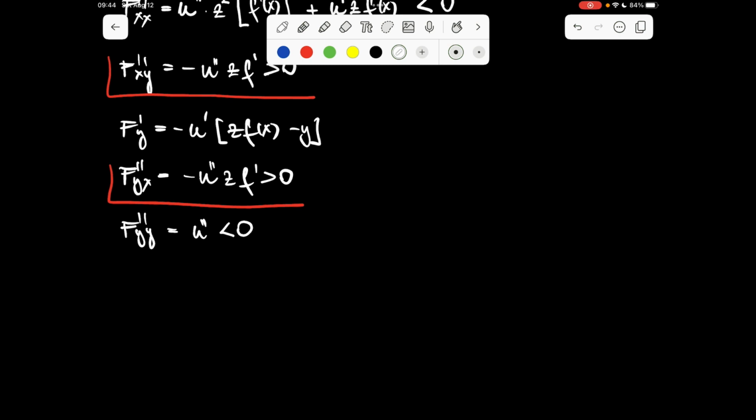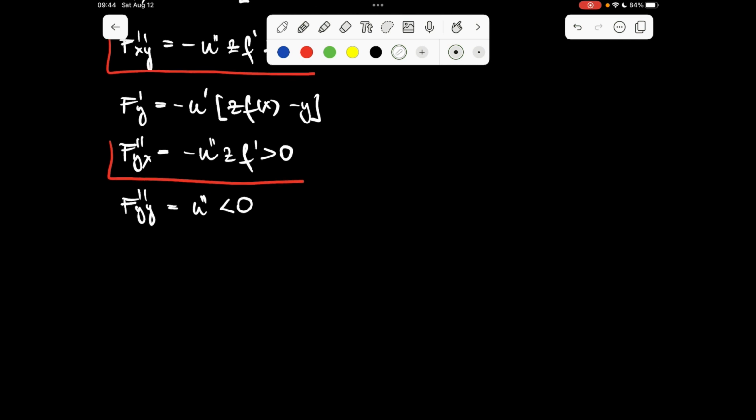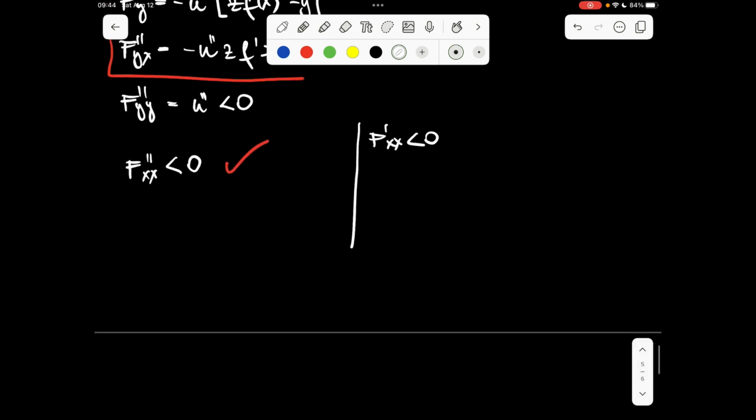To be strictly concave, the one-period return function must satisfy two conditions. This is okay, so this is satisfied. And the Hessian, this is negative. This is positive.